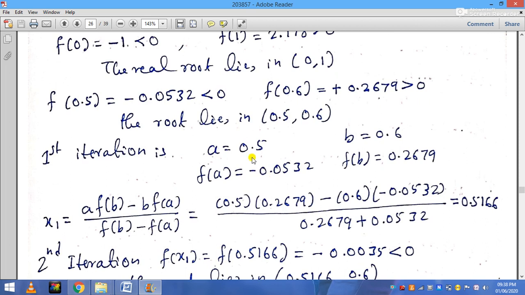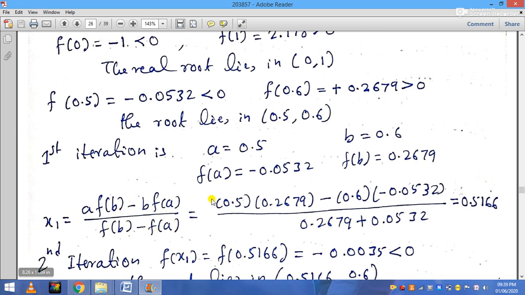First iteration, a will always be the negative value 0.5, b will be the positive value 0.6. f of a is already calculated here, that is minus 0.0532, f of 0.6 we get 0.2679. Then put in the regula falsi formula, that is x1 is equal to a into f of b minus b into f of a divided by f of b minus f of a.